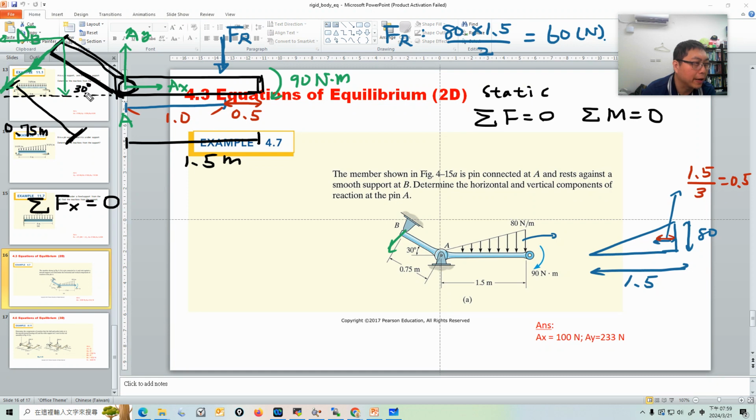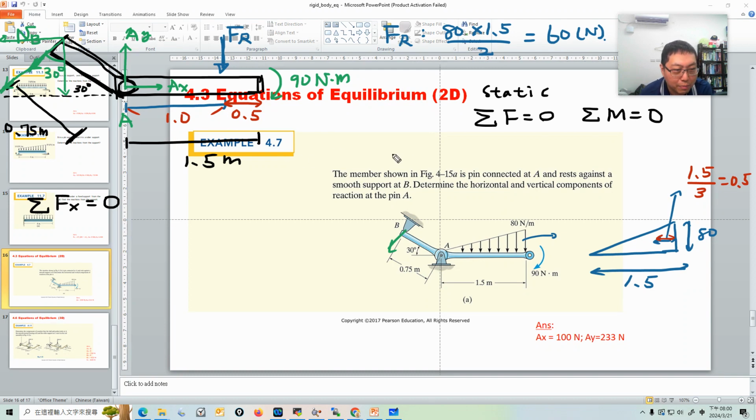What's the angle? Such parts are so annoying. Here is 60. I think here is also 30 degrees, right? Yeah, I think it's 30 degrees.